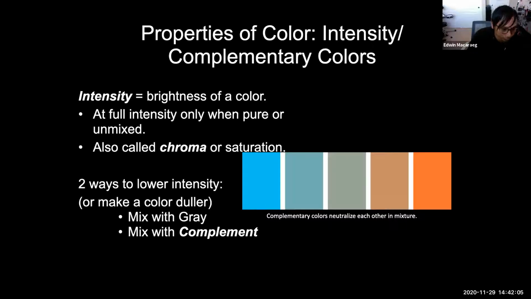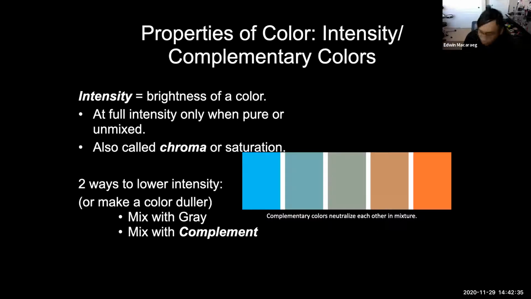Okay. So when it comes to saturation, we also call it chroma. Intensity, chroma, saturation, they're all connected. They're basically how strong, how pure, and how bright that original color is. So there are two ways to lower the intensity. You can mix it with a gray, or you can mix it with a complementary color.